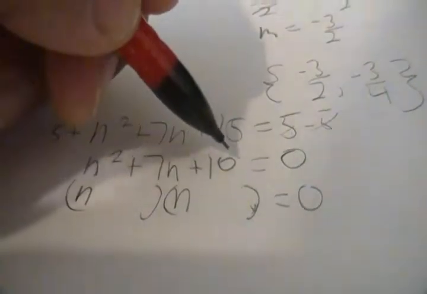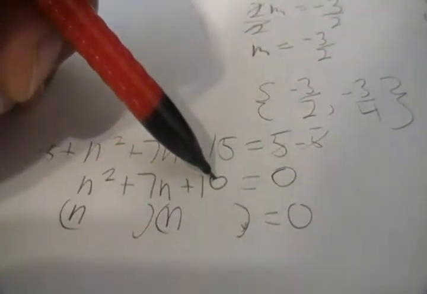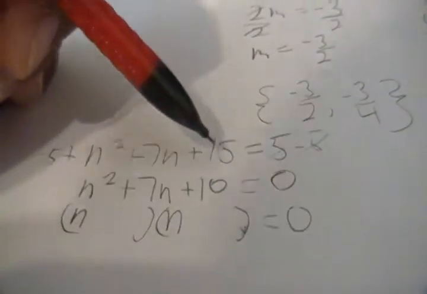Now we have to choose the factors of 10 that can add up to 7. We can do 10 times 1, but 10 and 1 can never get us 7, whether 10 minus 1 or 10 plus 1. So let's look at the other factors of 10.